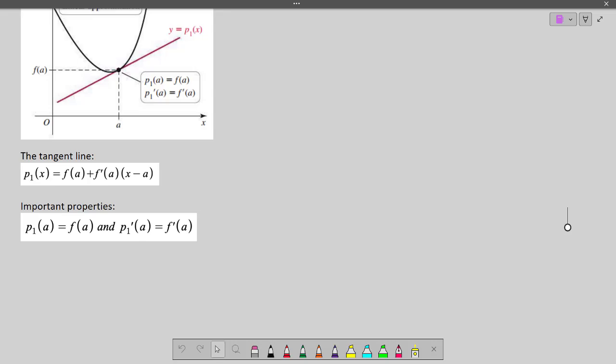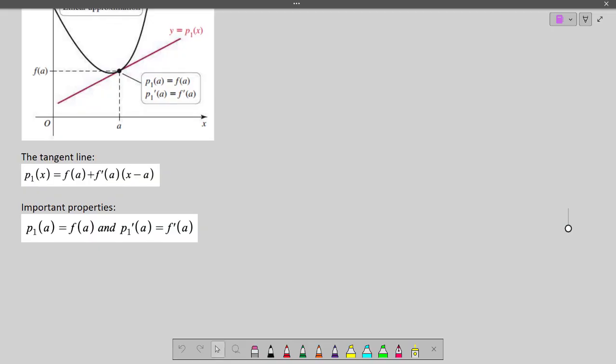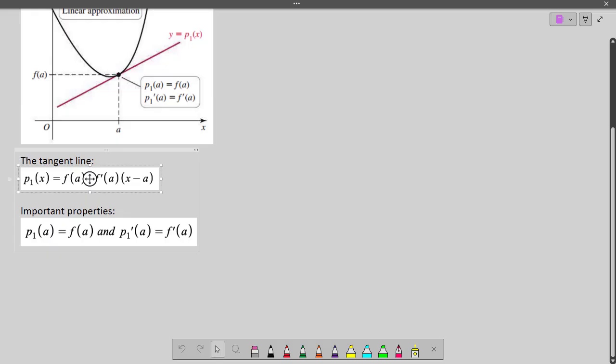So p sub 1, in Calc 1, you just wrote that as y. We're going to write it as p because we're going to create a whole bunch of polynomials, and we're going to have the power of the polynomial reflected with the subscript. So the first order approximation is the tangent line.